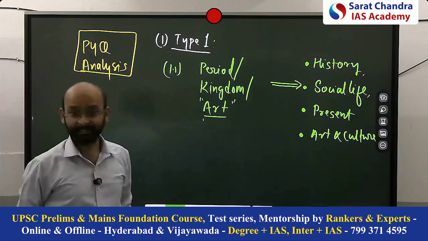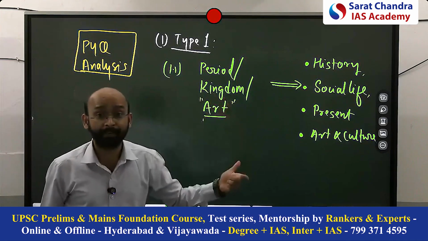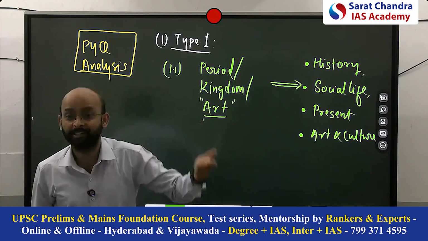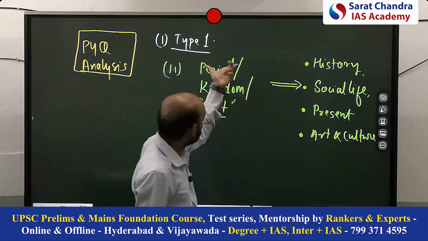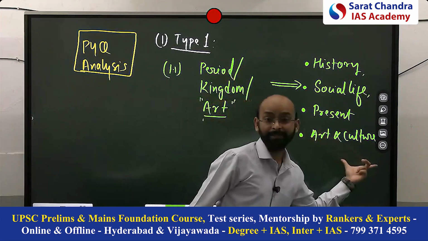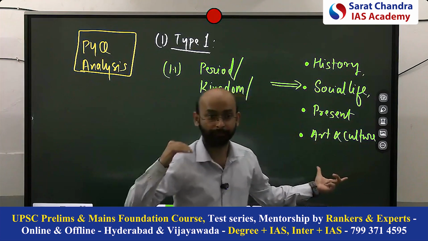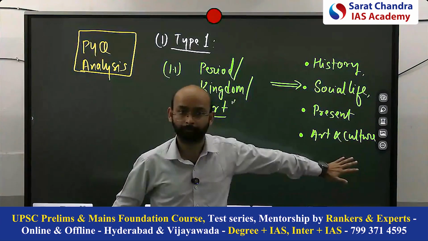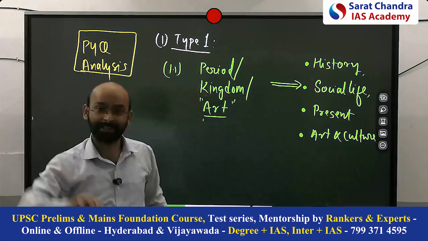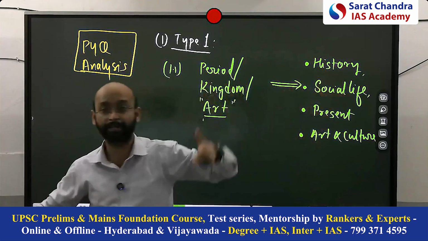But if it says why the Gupta period is called the golden period of Indian art and culture, then you will write about their importance in art and culture: temple, sculpture, painting, music, dance, literature, all these things you bring. But since the question asks about the overall period, you have to bring the history, society, polity, and economy also.